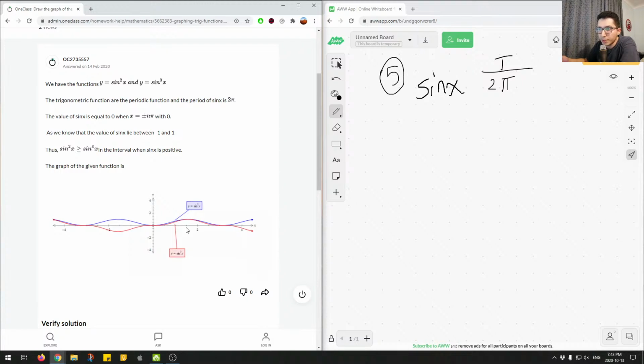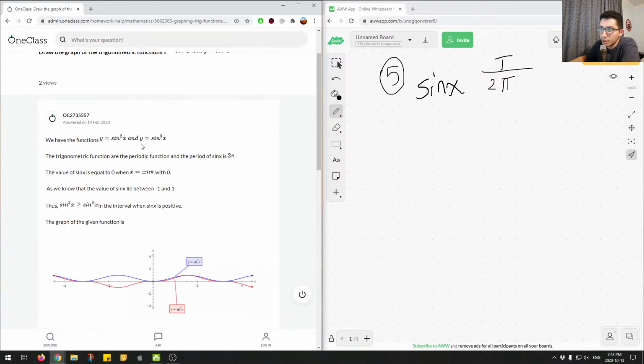You can also cut it down even further. This is the simplest way to go about drawing the graphs. You can also plot it using a graphing calculator, or as they did here, just use an online website to graph them.